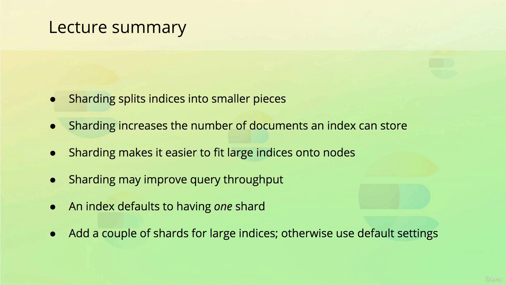An index defaults to having 1 shard. For small to medium indices, that's usually enough. For indices that you anticipate will store lots of data, you might want to increase the number of shards at index creation. A decent number for most of these cases would be 5, but it depends on a number of factors. If in doubt, I recommend that you just go with the default values and take it from there.